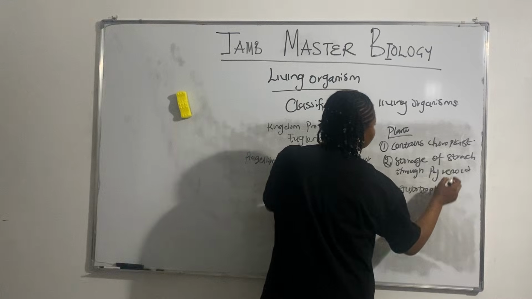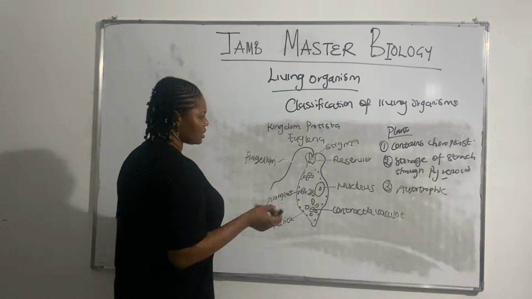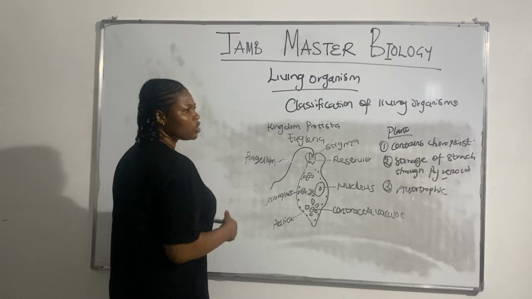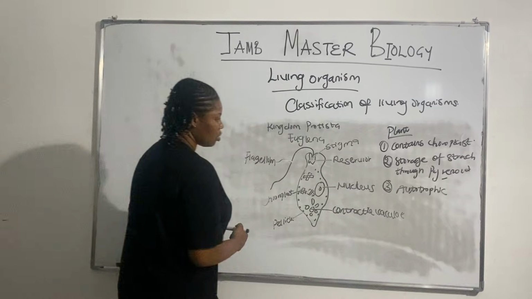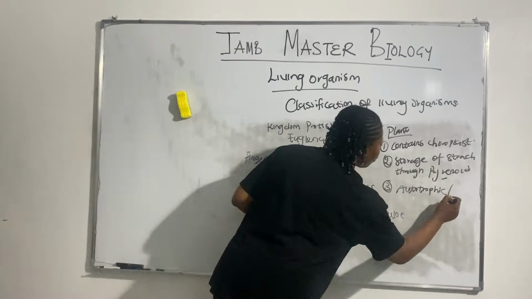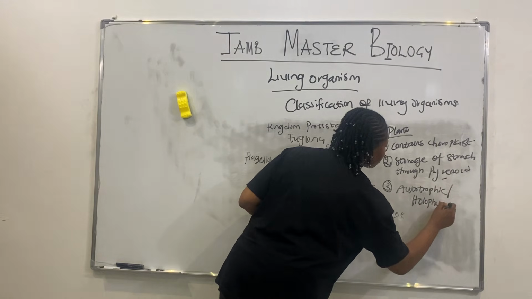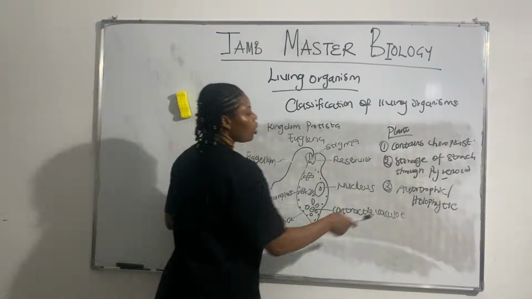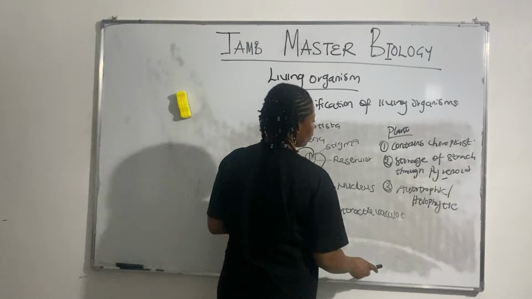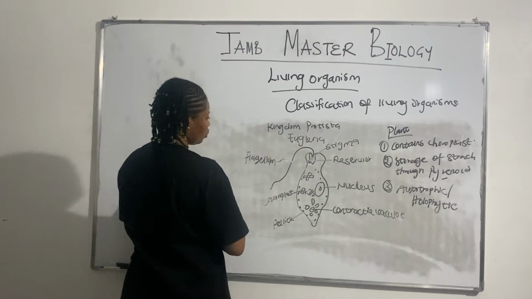because of the chloroplast. Now remember that I said in our former class that autotrophic is also known as holophytic. Autotrophic or what? Holophytic. So autotrophic is also known as what? Holophytic mode of nutrition.